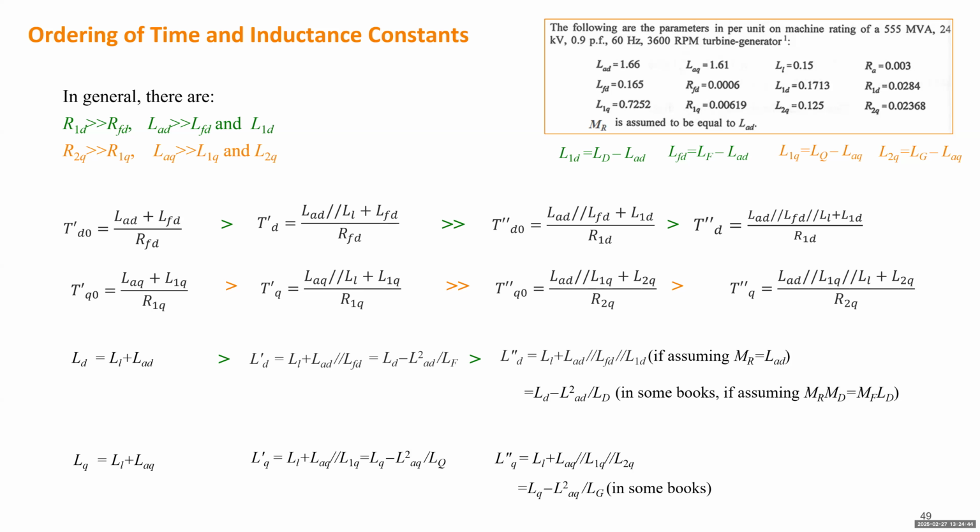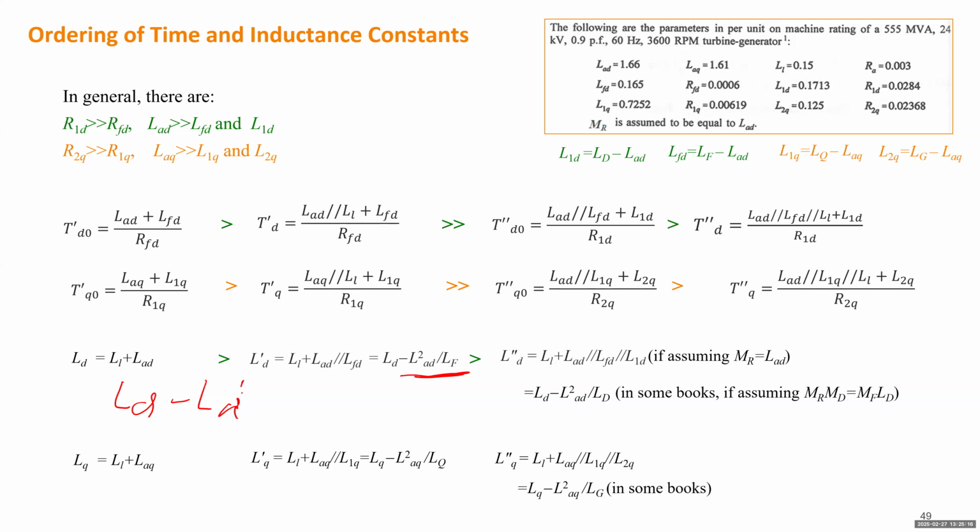You can see this is like LD with some correction, and this is LD with some correction. And for LQ, it's also LQ with some correction. So now you can tell. If you want to calculate the difference between LD and LD single prime, it's basically just this atom. The difference between LD minus LD single prime is basically this one.